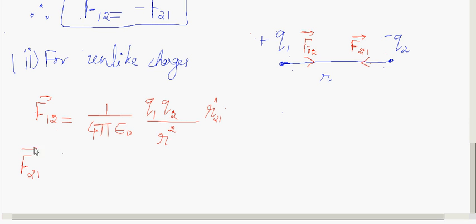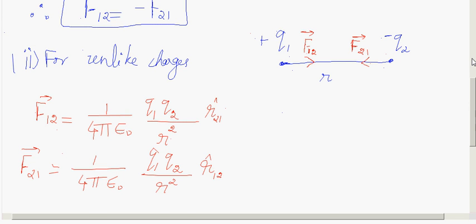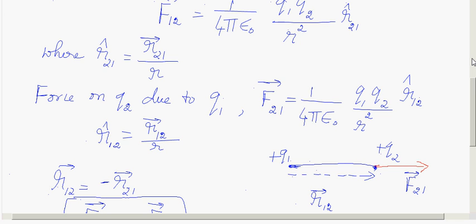F21 is 1 by 4 pi epsilon naught into Q1 Q2 divided by R square into R12. Same as these two equations. This is how we write Coulomb's law in vector form.